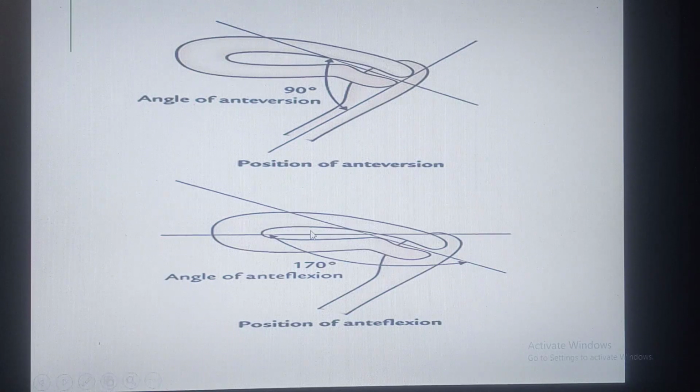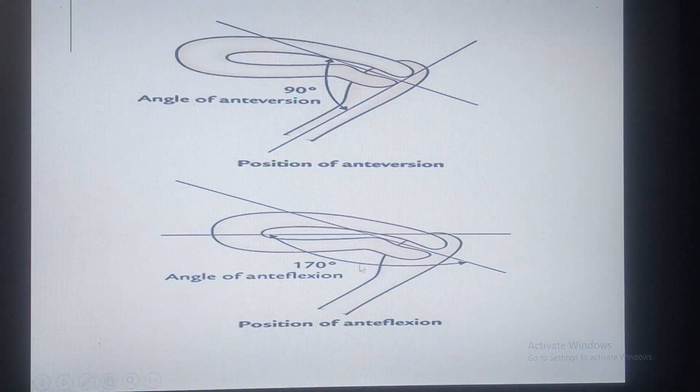All right, now if it is anteflexed, then it is related to the long axis of the cervix as well as the long axis of the body of the uterus. So when we have such a phenomenon and we take the angle over here, this angle, which is found between roughly 120 degrees up to about 170 degrees, gives us what we call the anteflexed angle.